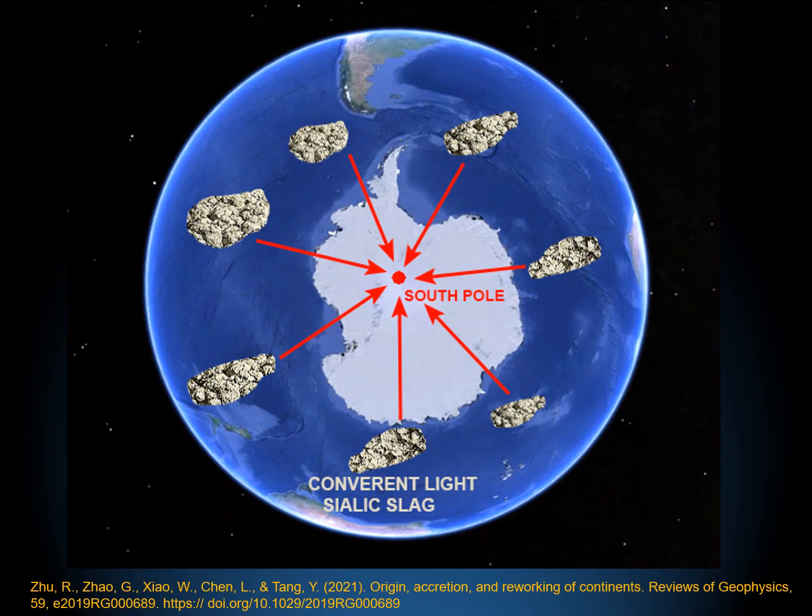As Zhu et al. showed in 2021, the accretion of this slag-like material and the reworking of that material would eventually create a continent. And that accretion in the southern hemisphere eventually created the continent surrounding the South Pole.